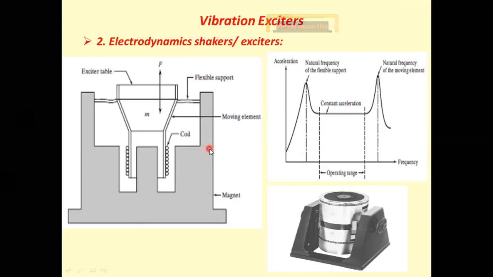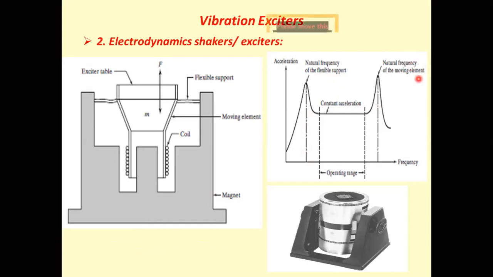One natural frequency corresponds to the flexible support, and the other corresponds to the moving element. These two natural frequencies can be made large. So the two resonance frequencies, as shown in this figure, are the natural frequency of the flexible support and the natural frequency of the moving element.